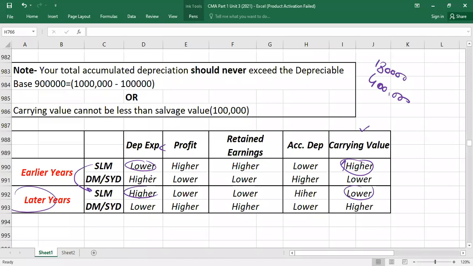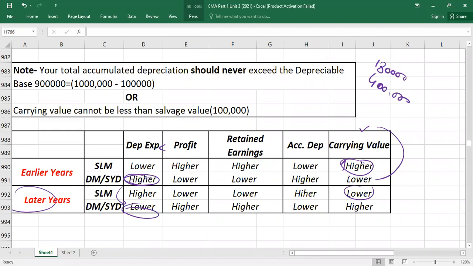Understood? If this value under declining method was higher in earlier years, in later years, it will be lower. Totally opposite. Just memorize the first area. Second area is totally opposite in later years. Understood? This is called which method? Sum of years' digit method.